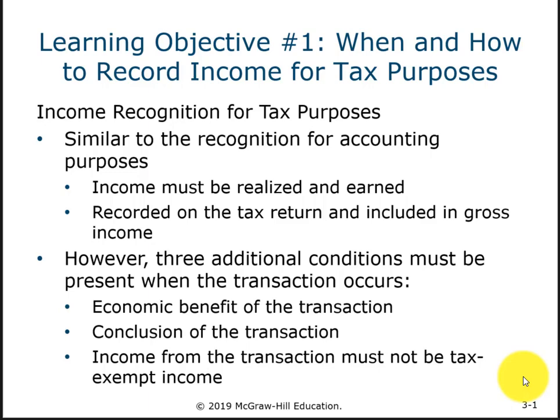Okay, so that's what we want to focus on here. There also needs to be an actual transaction that occurred where we receive economic benefit. The transaction actually happened and is not given as exempt in the tax law.